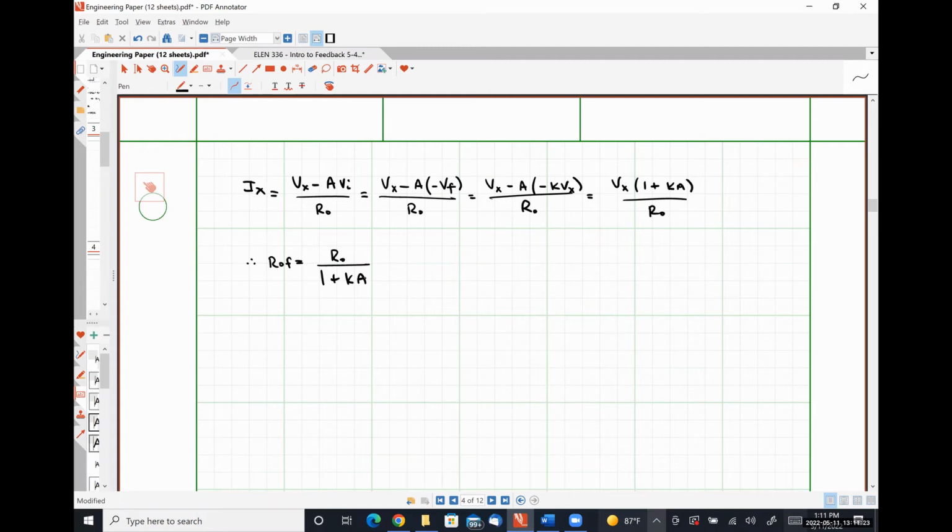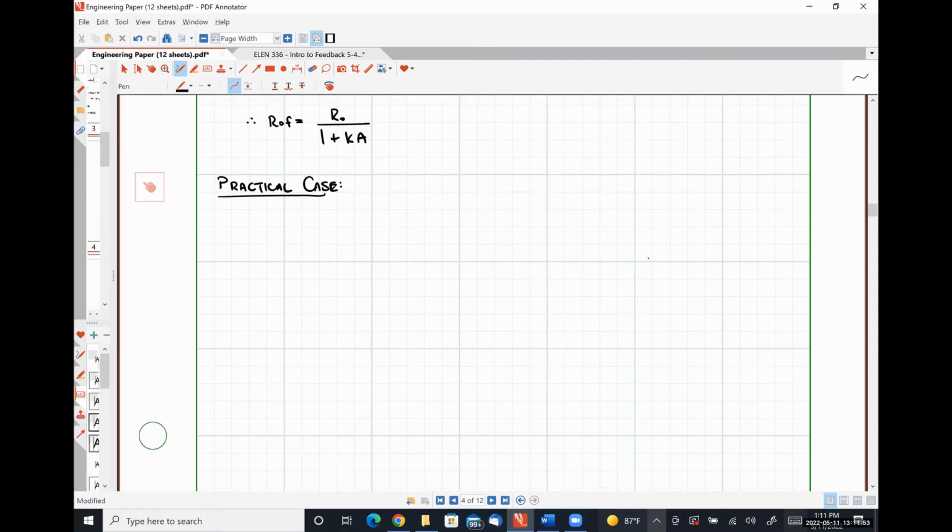In addition to the loading effects that we're going to see from our feedback network, we also need to take into account what happens when we have a finite load resistance and a finite source impedance as well. So our practical system is going to look like this, all right?